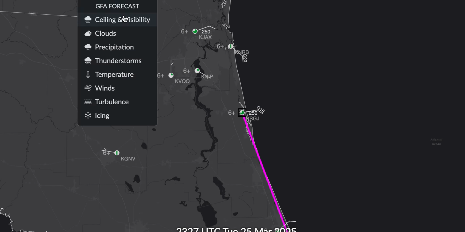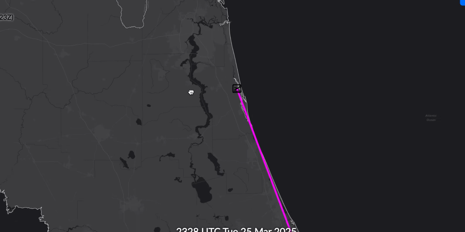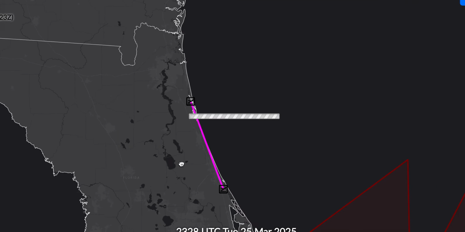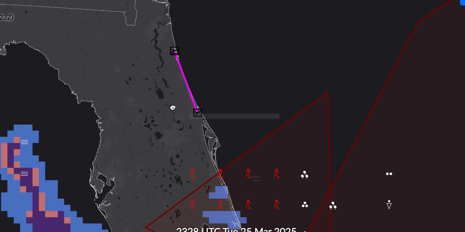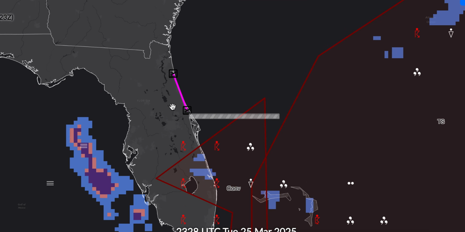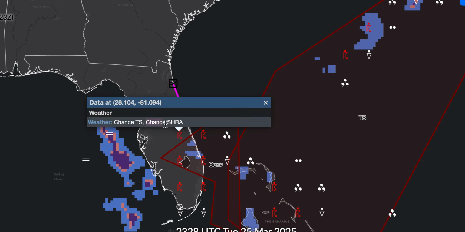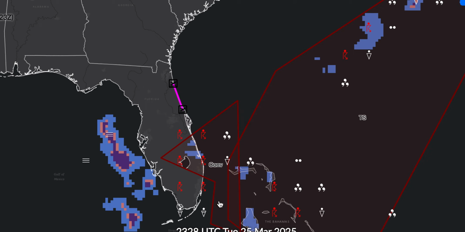So yeah. Next, I look at the ceiling and visibility charts here. Let's see if this works. I hope. Yes, it does work. So if we scroll out here, we can see that the thunderstorms, chance of rain stays southeast of us.